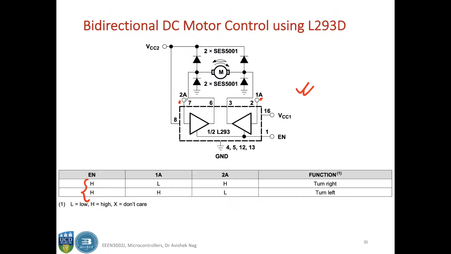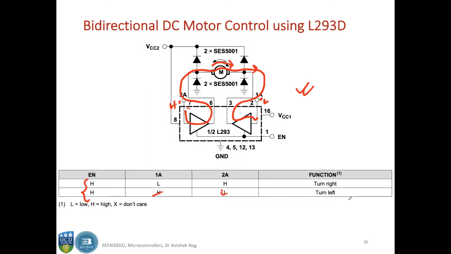So the current direction will be in this direction, and the motor will turn right. For the other possible combination, the current direction will be opposite and the motor will turn left.